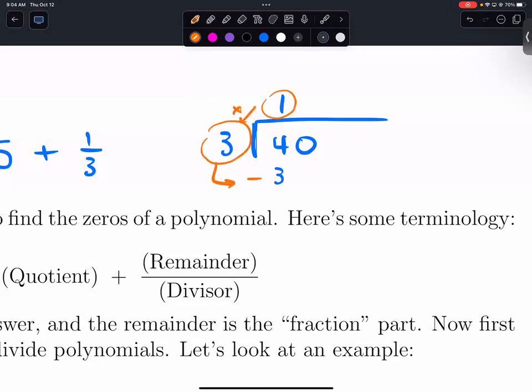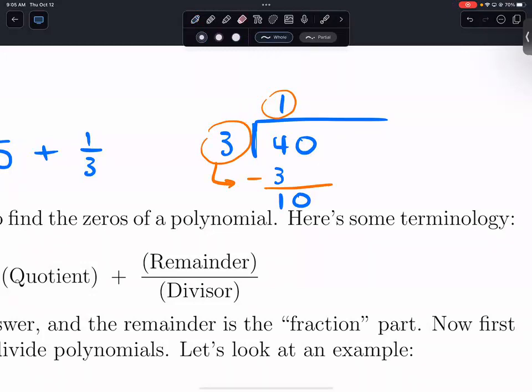That's where that 3 came from. We subtract. 4 minus 3 is 1. 3 doesn't go into 1, but that's good because it shouldn't, because if it did, then we could have taken a bigger chunk in the first place, right? And then carry down the next thing, or think of it as 0 minus nothing.